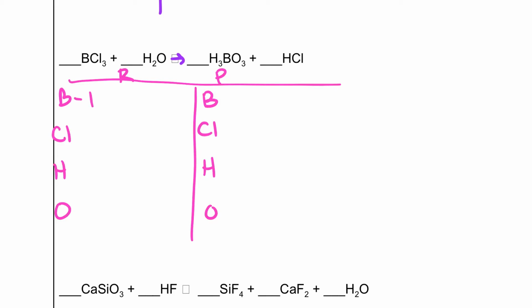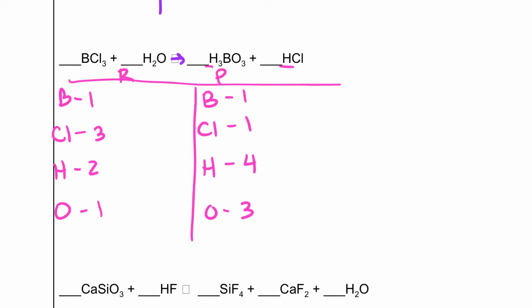So I have 1 boron. Chlorine, there are 3 on the reactants, hydrogens 2, oxygens 1. On the product side, there is 1 boron. Chlorines, there's 1. Hydrogens, there's 4, because remember 1 and then 3 is 4. And then oxygens, I have 3.